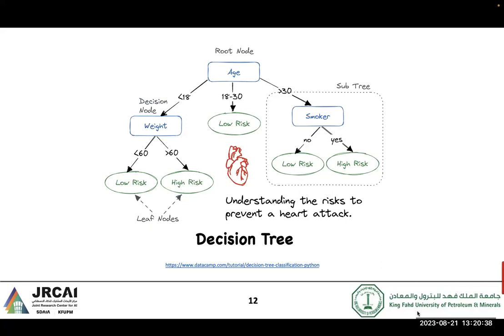The task in this figure is to predict whether it is low or high. So it's a binary problem. In terms of features or attributes, we are using three attributes: the age at the top, the weight, and whether the person is a smoker or not. So we have three attributes and one output here.